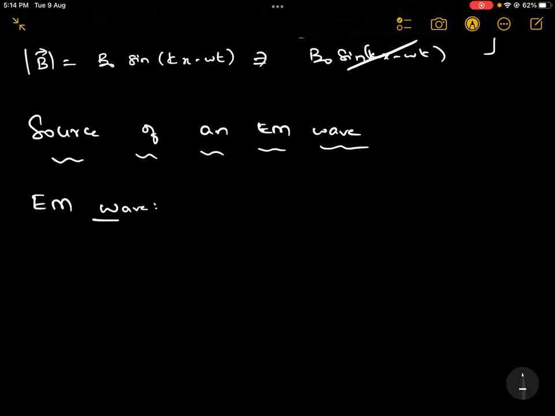Yesterday we discussed it. It is time-varying electric and magnetic fields which are mutually perpendicular to each other as well as to the direction of propagation. Is that right?